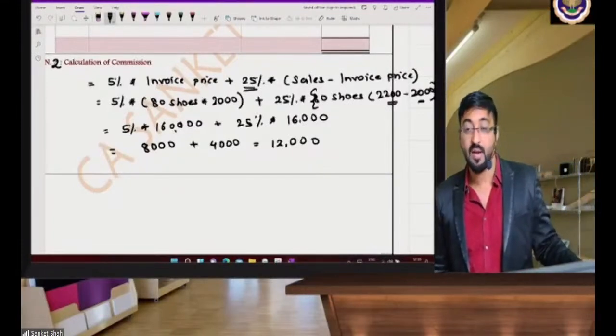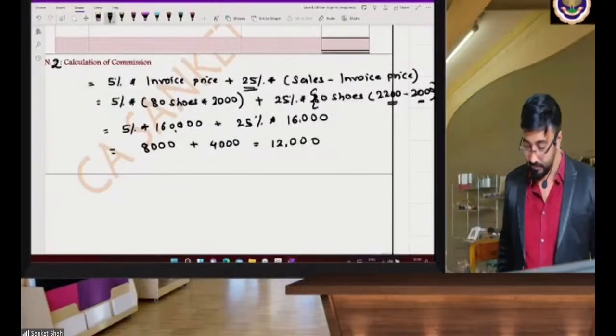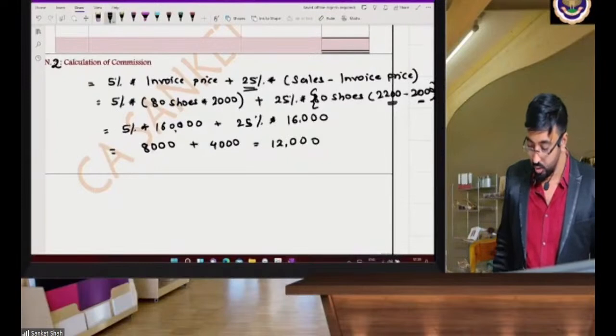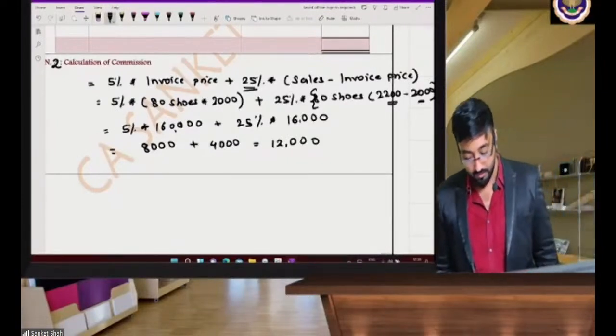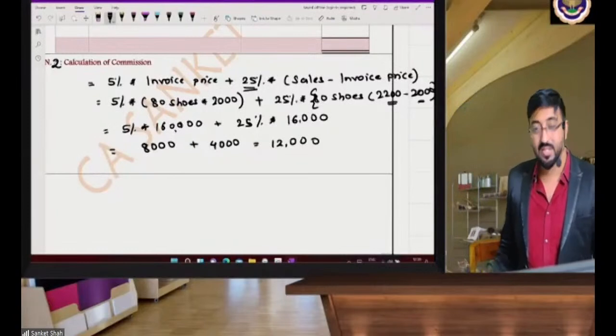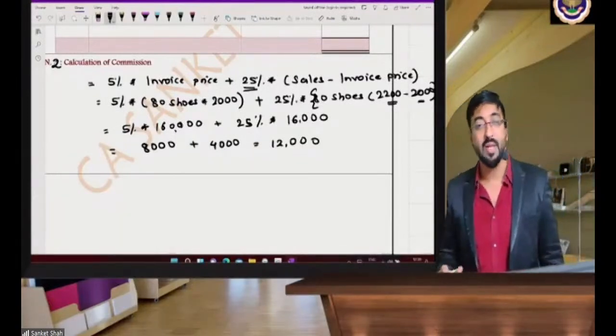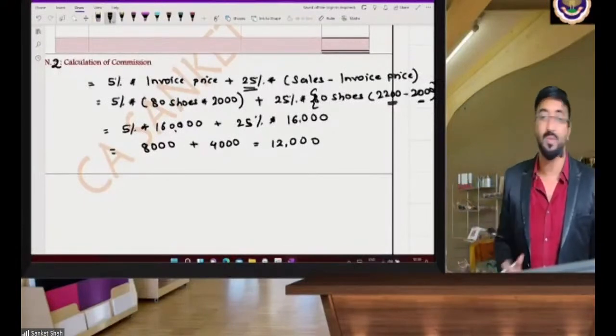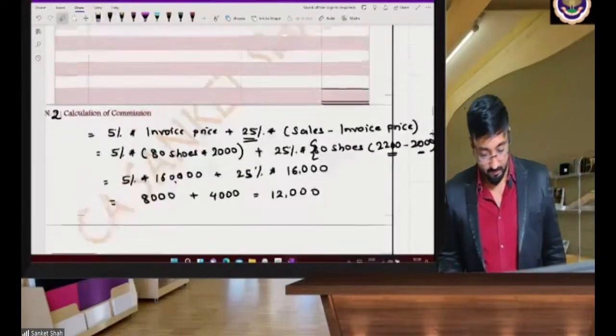Now beta, it's time to improve your speed. Okay, this is the first question. Commission is 12,000. You just prepare the equation and get the answer: 5% of invoice price plus 25% of sales minus invoice price.